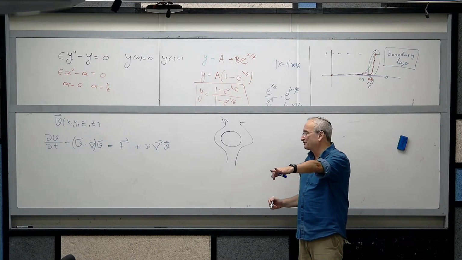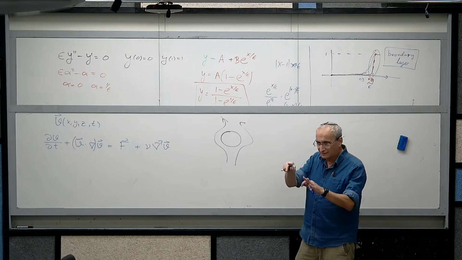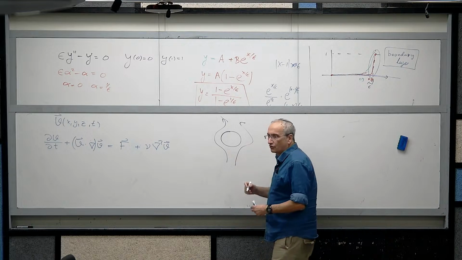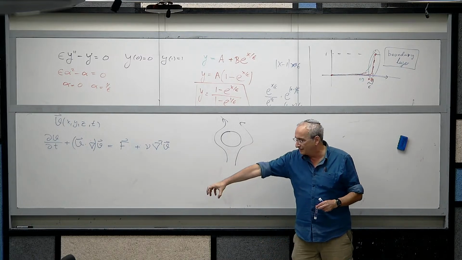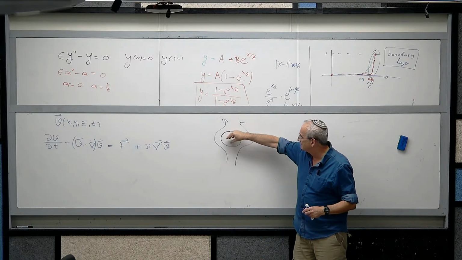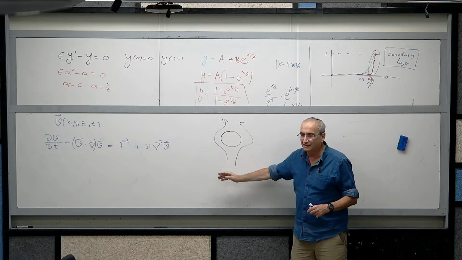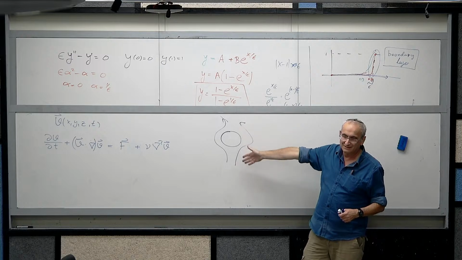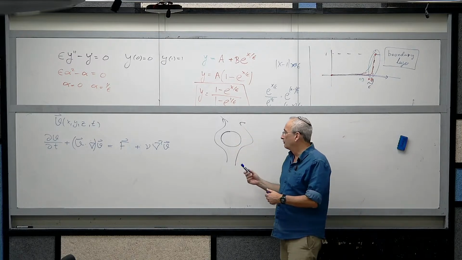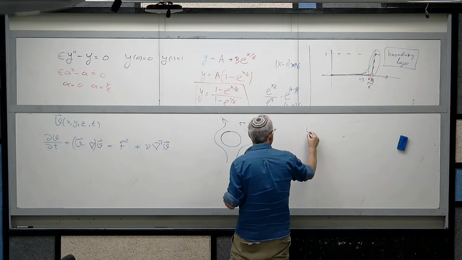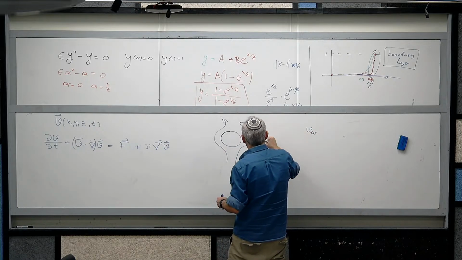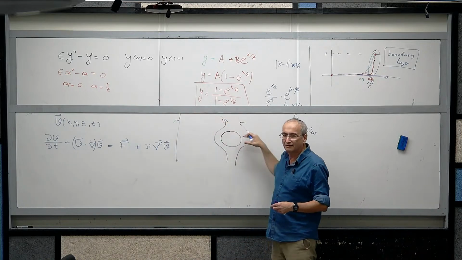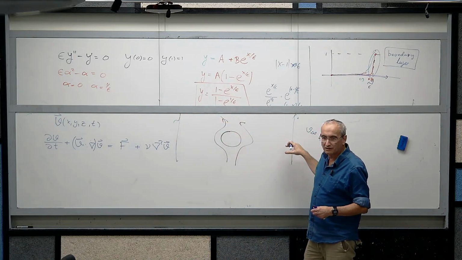I'm not trying to. What I would like to convince you of in a moment is that there is no difference between dragging the cylinder through the fluid and flowing the fluid over the cylinder. It's the same problem. So you can define V infinity as the velocity of the fluid far away from the cylinder, some asymptotic velocity.